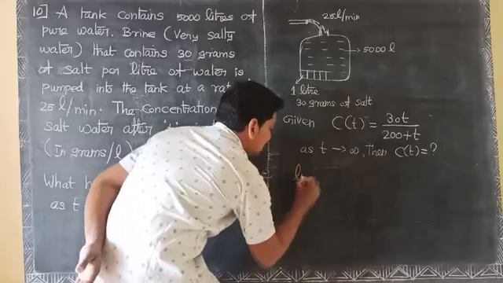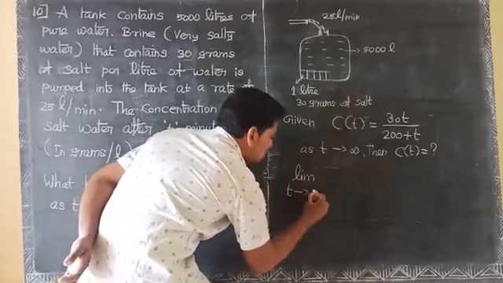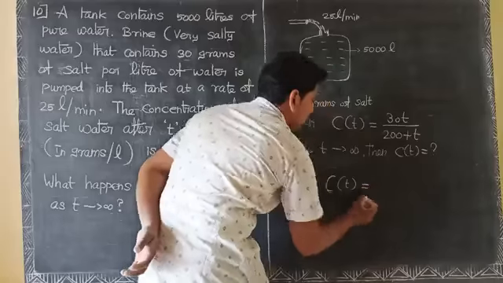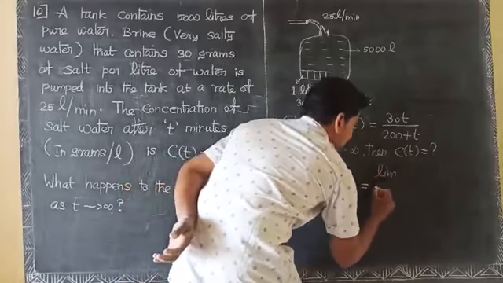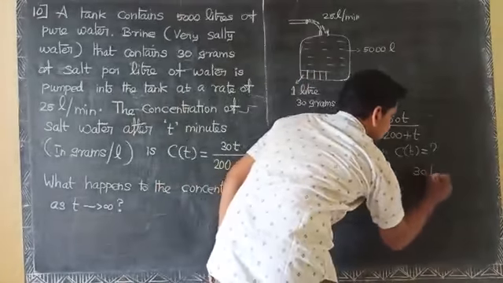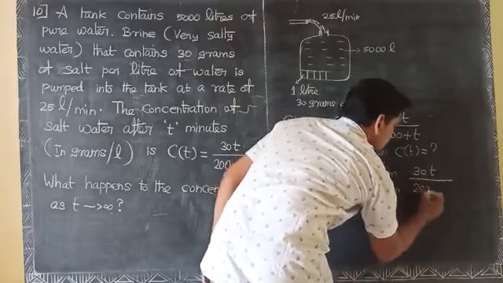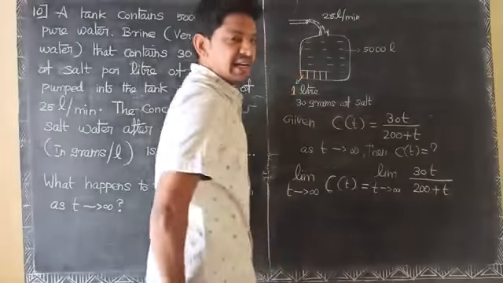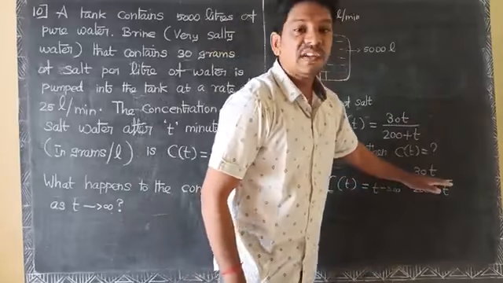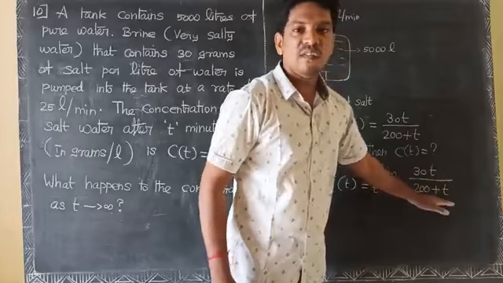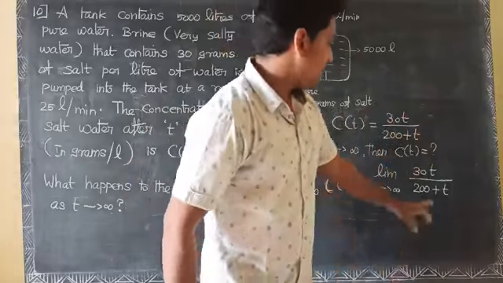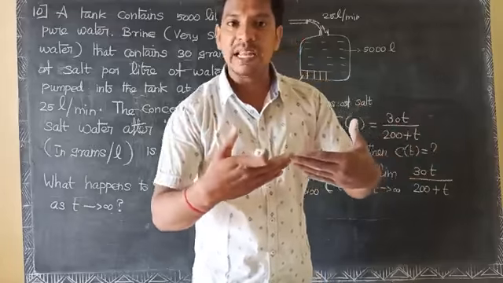Here apply the limit: the limit as t approaches infinity of c of t, which is the limit as t approaches infinity of 30t divided by 200 plus t. In terms of t, the degree of p of t is 1 and the degree of q of t is 1, so the degrees are equal.